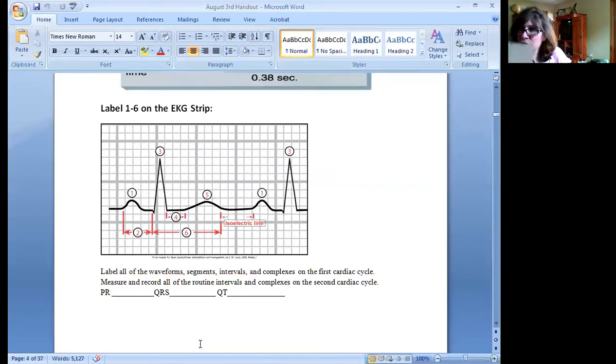You see these two little marks that I made? Now I can bring it to my EKG paper and I can see how big it is. Bring the lines down to your paper like a ruler.